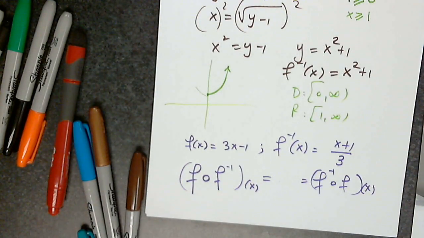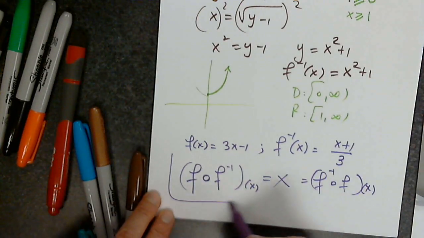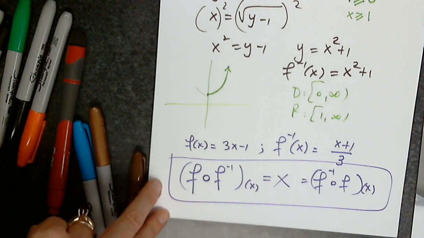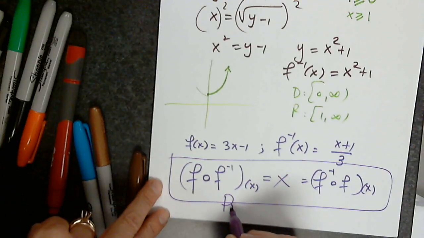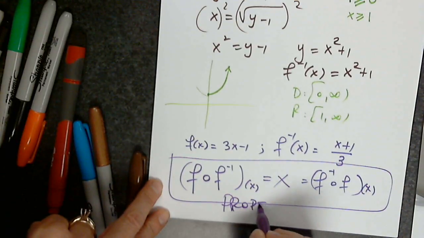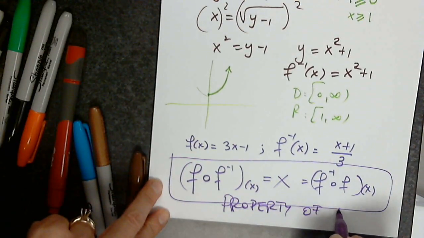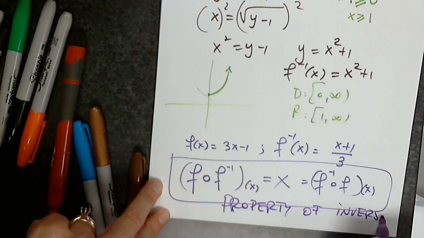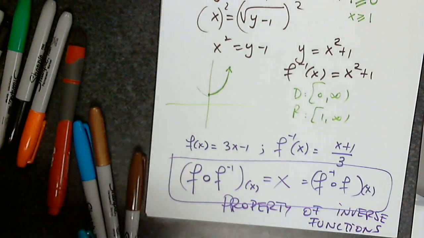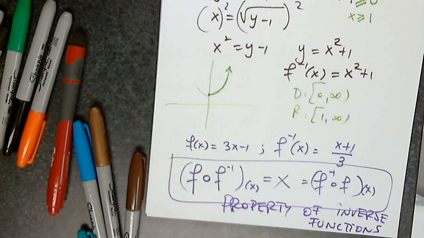Equal to x. That's it. So this is the property of inverse functions. This will not happen if these two are not inverses of each other.